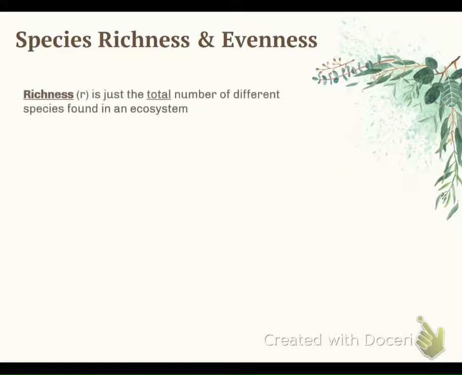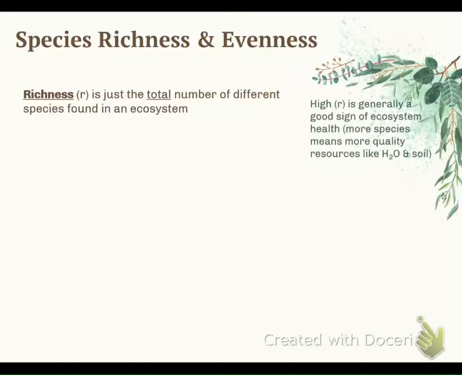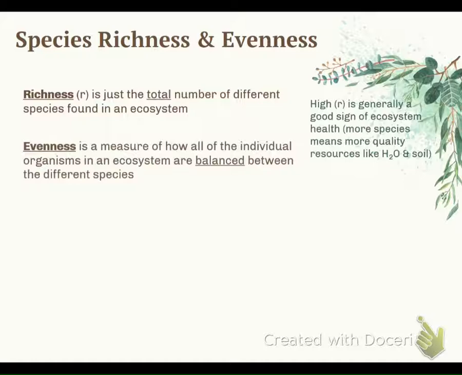So let's first look at species. Species richness and evenness. Richness means how many different types of organisms are there. It is generally a good sign if there are lots and lots of different species, because that way there's more ability to live evenly within the system. Evenness is a measure of how the individuals are balanced. Do we have 25, 25, 25, 25%?